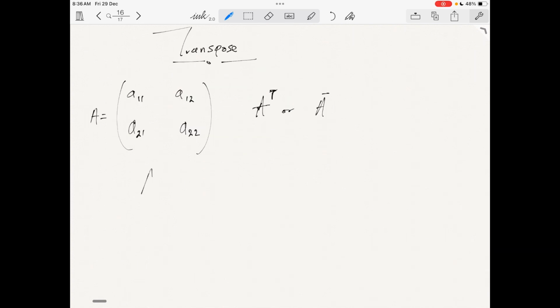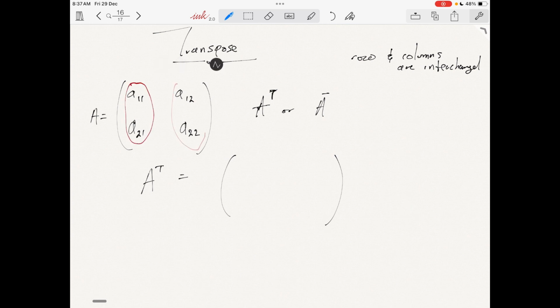We know that in transpose, the rows and columns are interchanged. So this column will become a row, and this other column will become a row.